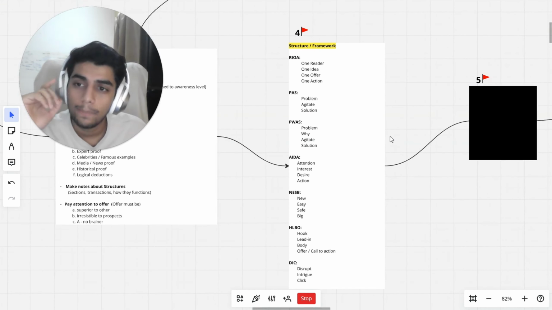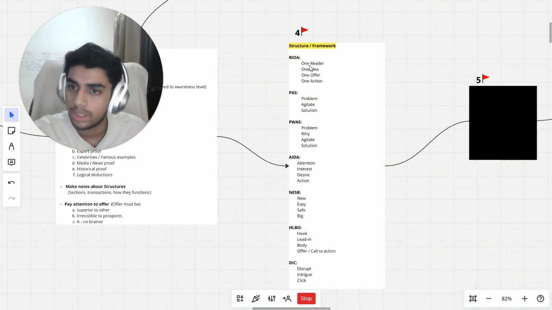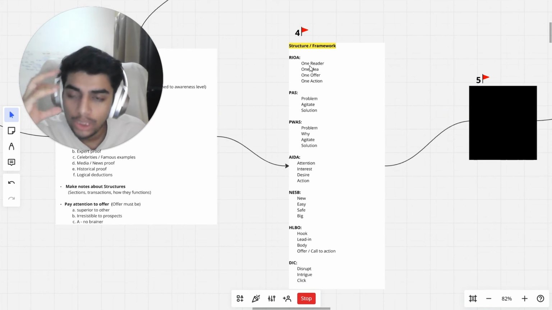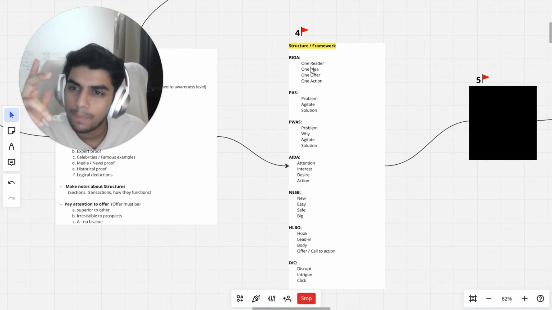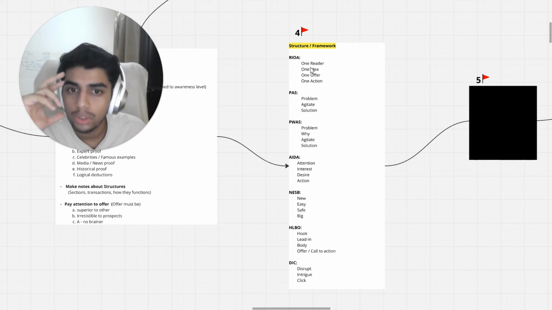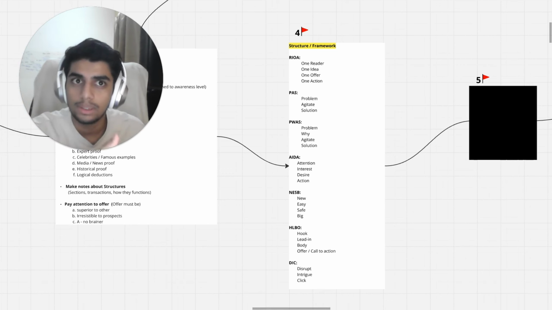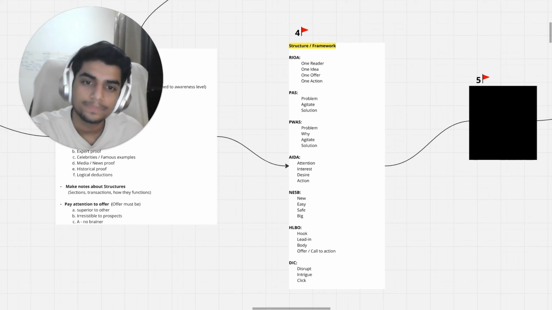Again, I'm going to make a very important point. There is no way you will find a proper structure or framework when you actually break down a copy. You will see multiple things which are going to confuse you because you don't know what the writer is trying to tell.